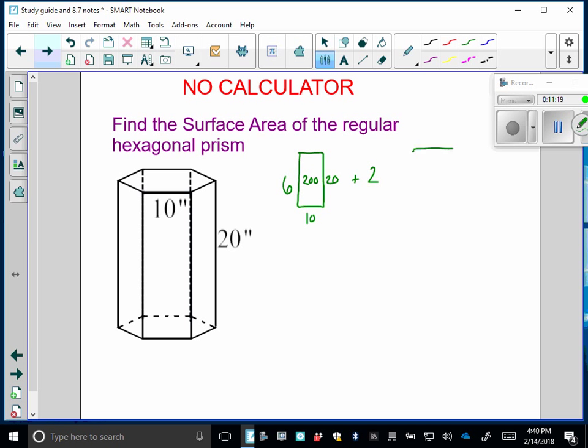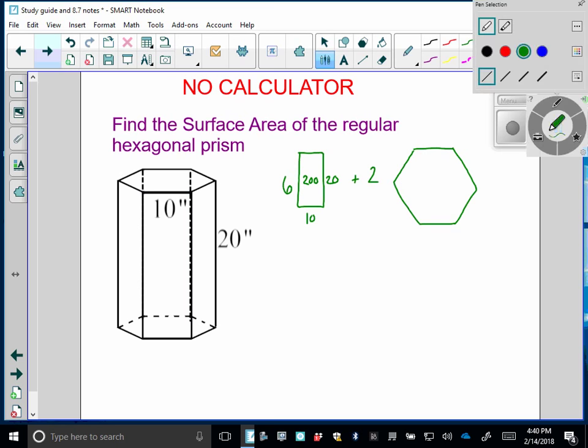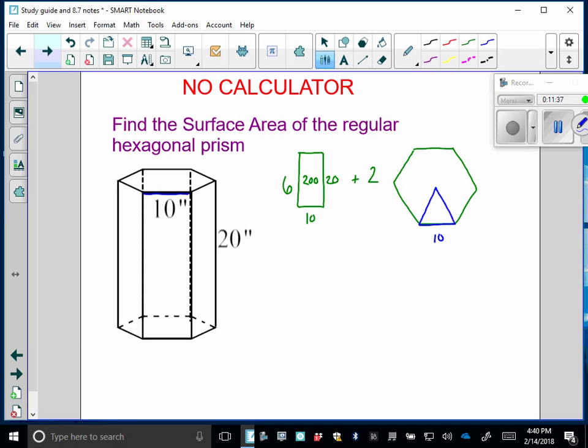So the hexagons are regular. And from the diagram, this length of 10 appears there, and the radius of the hexagon is also 10, because a hexagon is divided into 6 equilateral triangles.